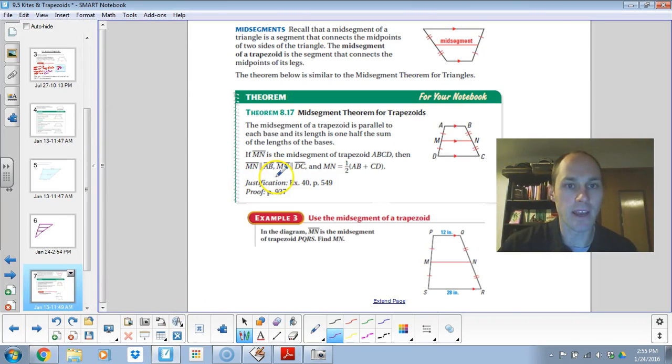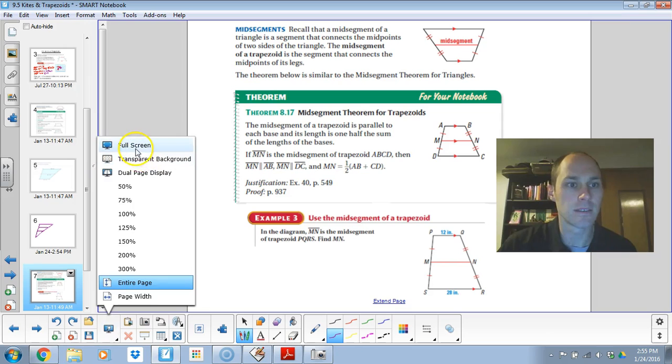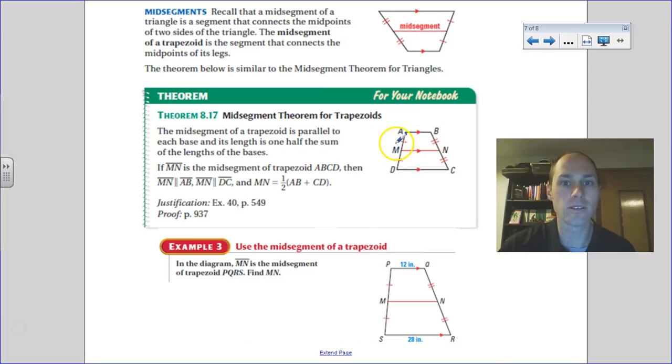So as we apply that, let's take a look at our notes now. As I just mentioned, it is parallel to the base and half the sum of the lengths, so the average of the two, because it's halfway in between. So in the diagram, MN is the mid-segment of trapezoid PQRS. Find MN.